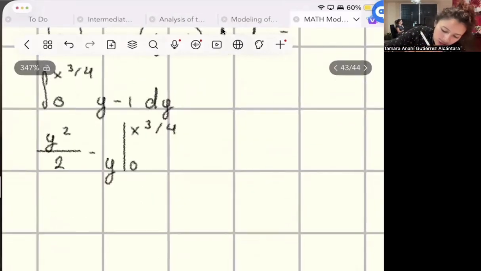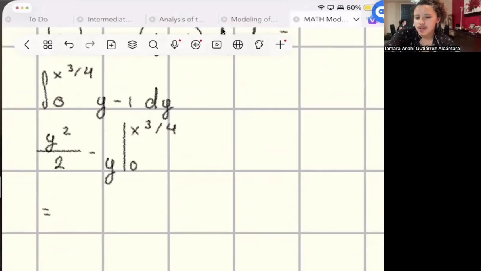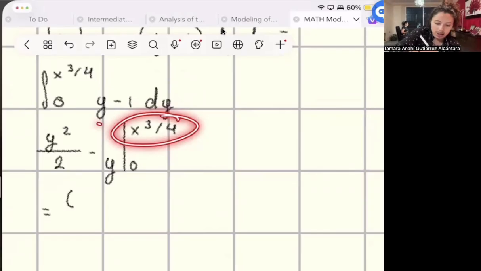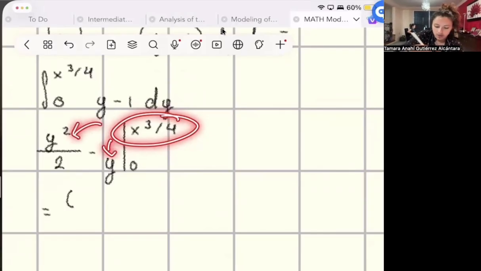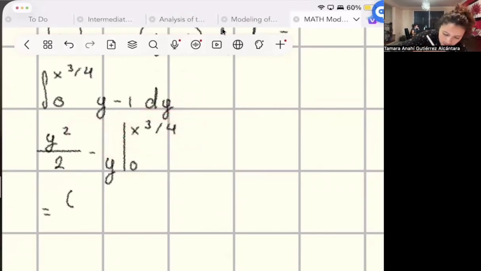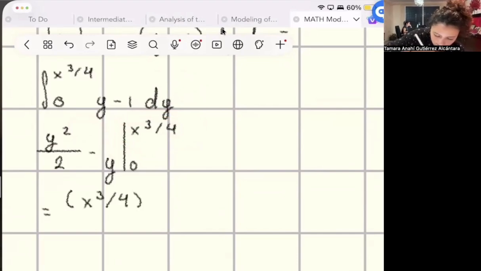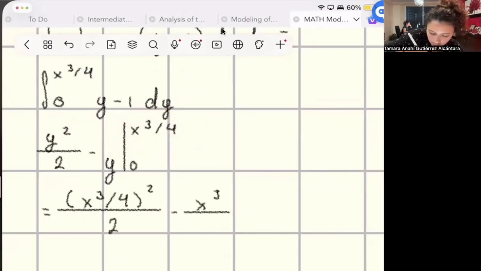For this, we're not going to put the evaluation at 0 because it's a subtraction of 0, so it's basically useless. So we're going to substitute this in all the y values. So it's x cubed over 4 squared over 2 minus x cubed over 4.